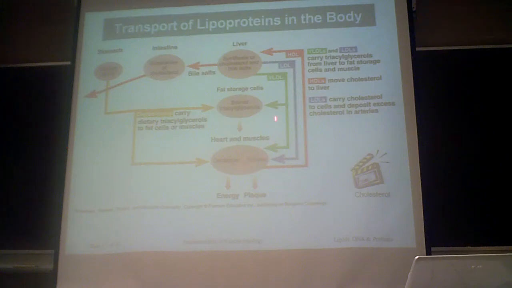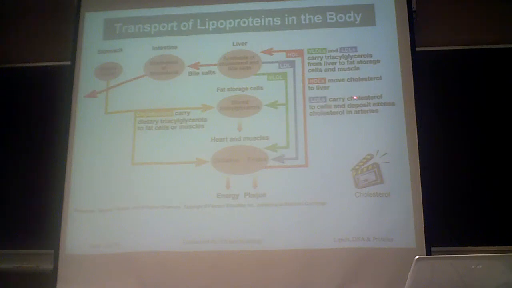Right? So that's what happens, right? If you have a lot of this LDL, that's what happens. So the HDL is a good part, right? Because the HDL moves cholesterol to the liver. Okay? So then they will remove the cholesterol. So highly expressed HDL in your blood is good because that means that it is not depositing, it is moving and clearing it out or putting it to the liver to reprocess.